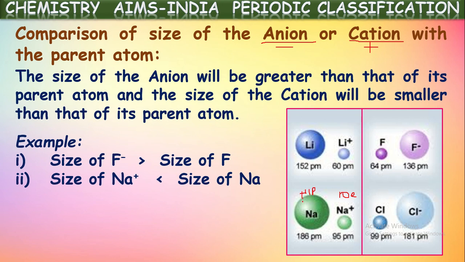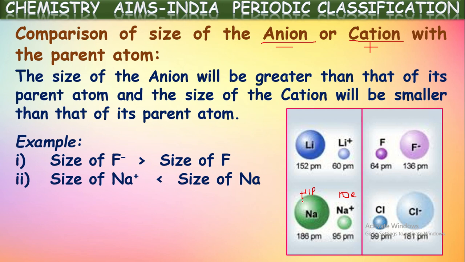So as nuclear charge is greater than the negative charge, this greater nuclear charge attracts the electrons more, so that these electrons will come a little closer to the nucleus. Thus, size of the atom decreases in case of cations. Okay, size of cation is smaller than the neutral atom.